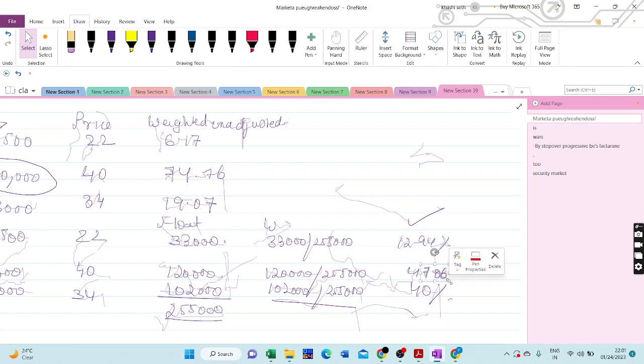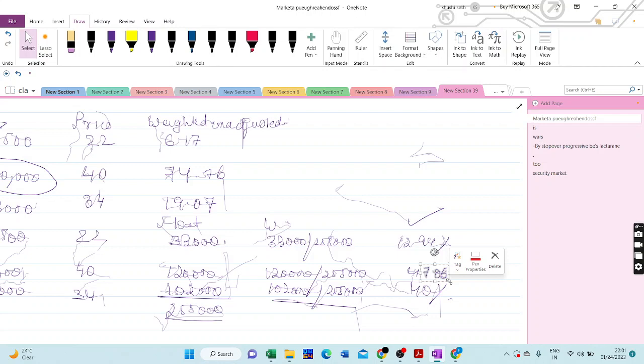So the conclusion or the interpretation is that if the promoter holding is high in a particular stock, then its weight in a float adjusted index will be lower than its weight in an unadjusted market cap index.